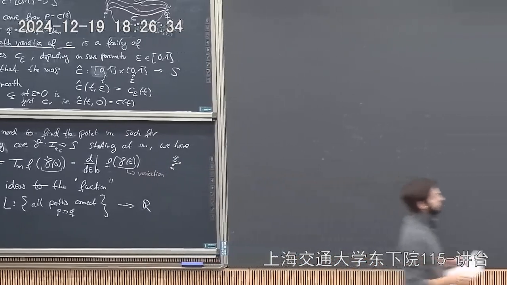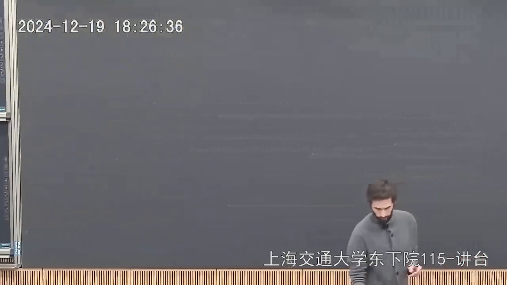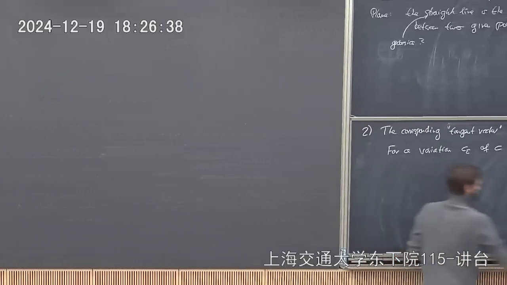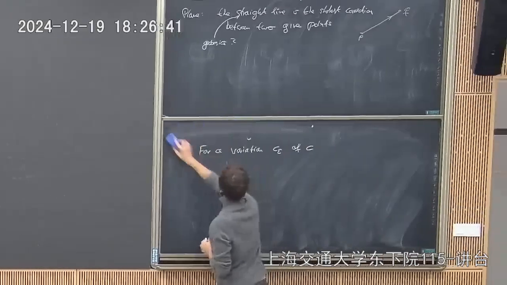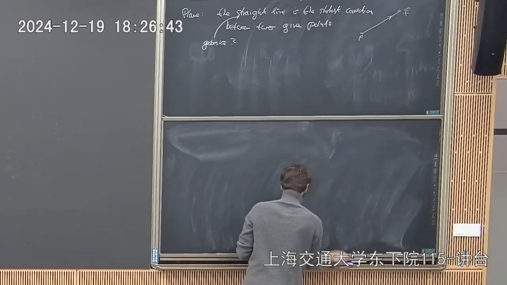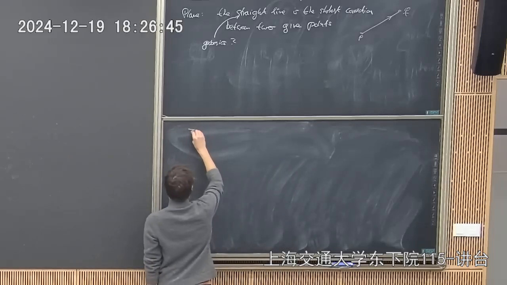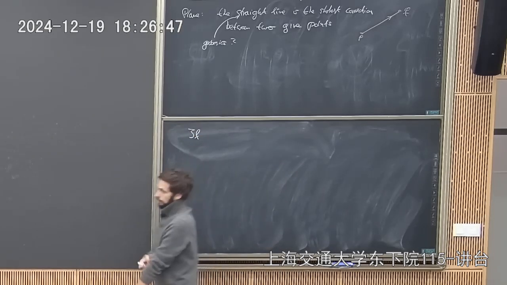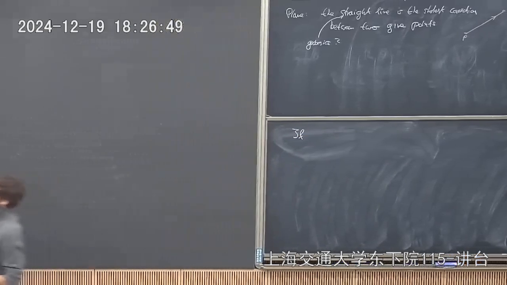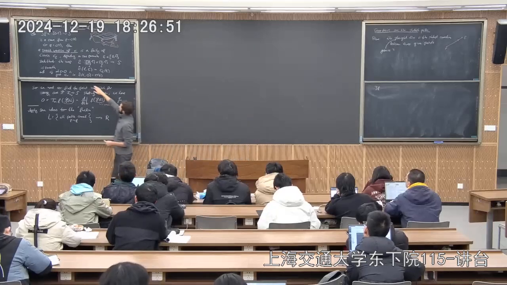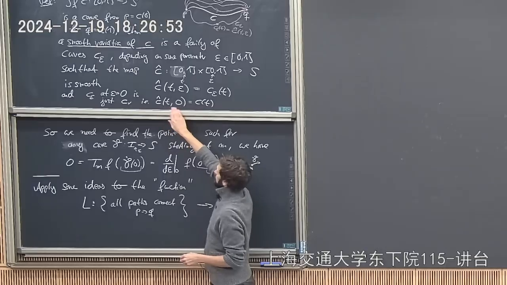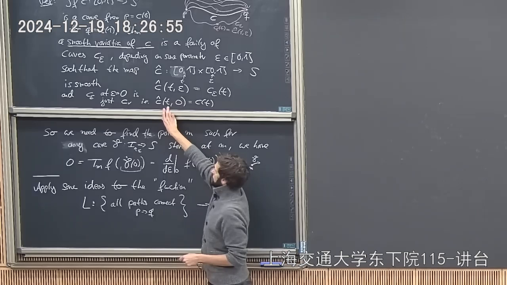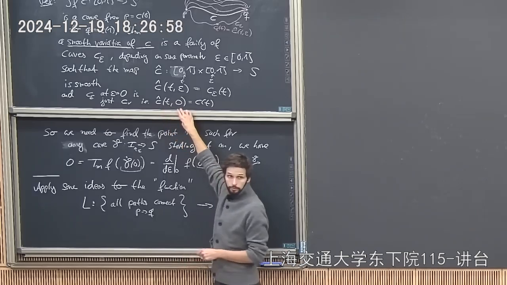If in this definition we are allowed to change the endpoints, there's nothing said about what happens to t at t equals 0 or t equals 1 if I change the epsilon.